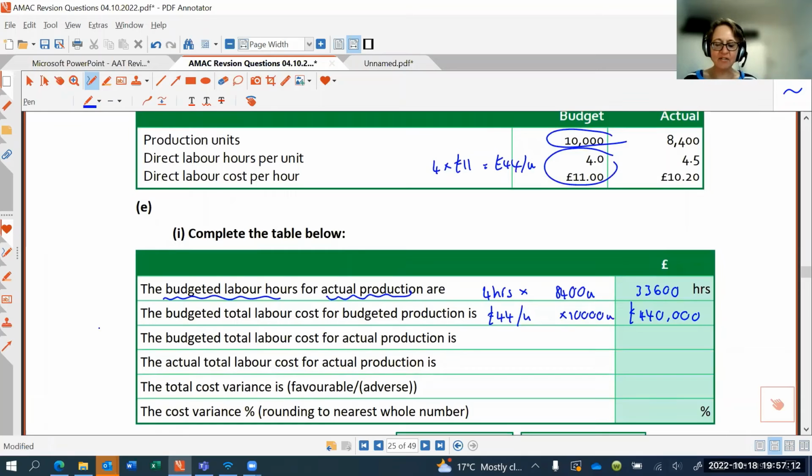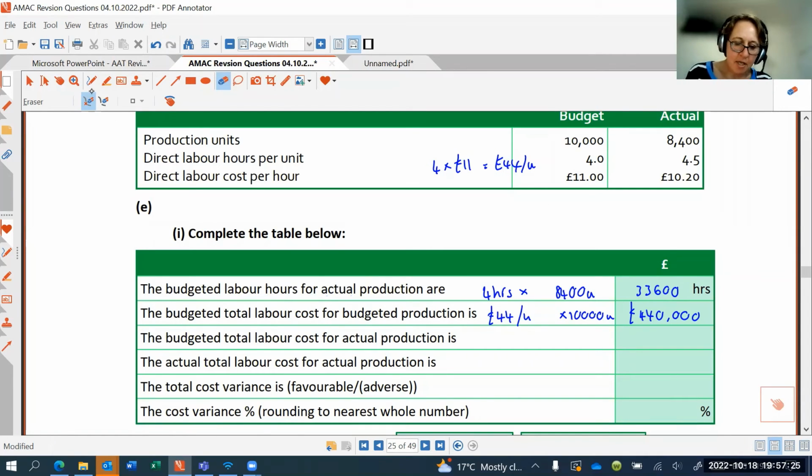It's just a case of dissecting and not rushing each one. So I think most mistakes are made here by rushing or panicking. Let's go to the next one. The budgeted total labour cost. That sounds very familiar. So the budgeted total labour cost, this time for actual production.